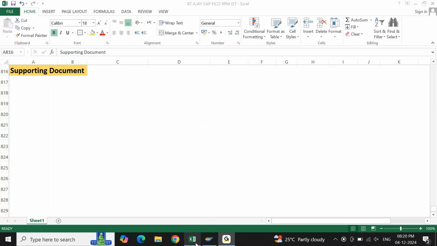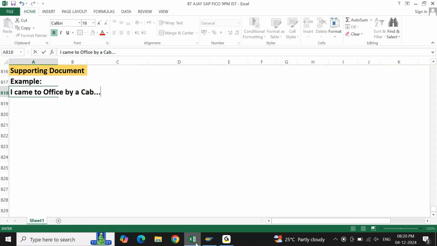For example, I came to office by a cab and I want to reimburse the amount. Possible or not?